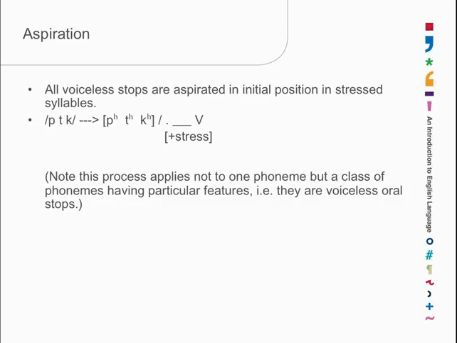So instead of applying to individual phonemes, this rule applies to a class of phonemes. And if we look at these properties of voicelessness, being oral and being a stop, you'll see that they are distinctive in English. It matters whether a sound is voiced or not. It matters whether it's oral or nasal, and it matters whether it's a stop or a fricative. These are distinctive features.